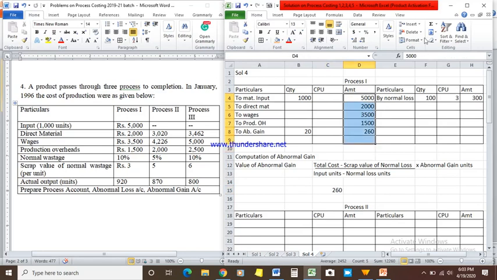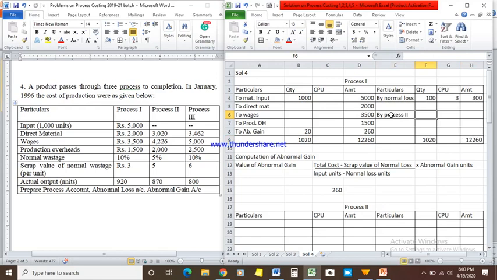Now if I take a total, I get 12,260. I'll take the quantity total, 1020, 12,260. Now I'll write here by process 2.